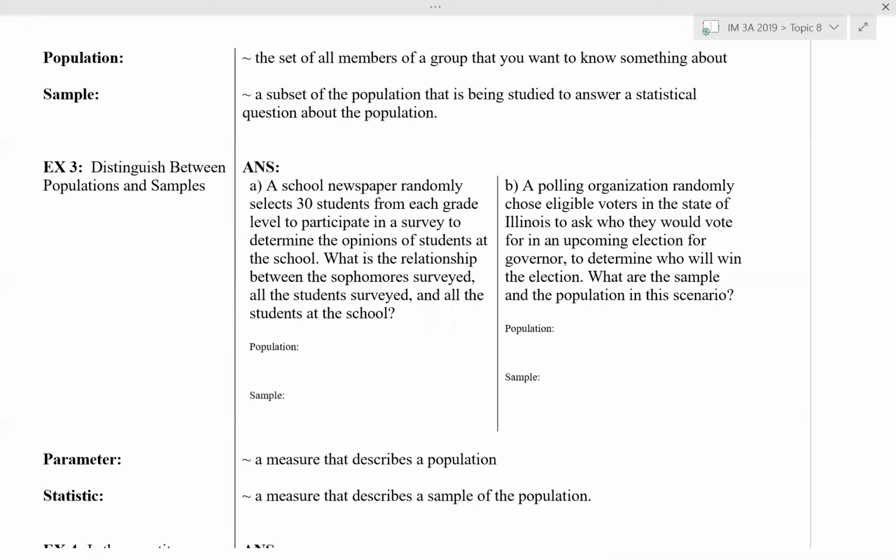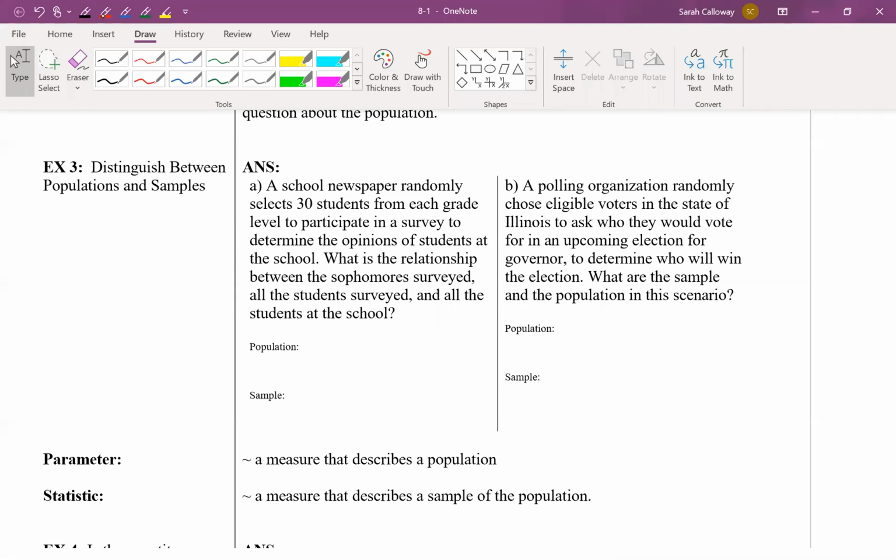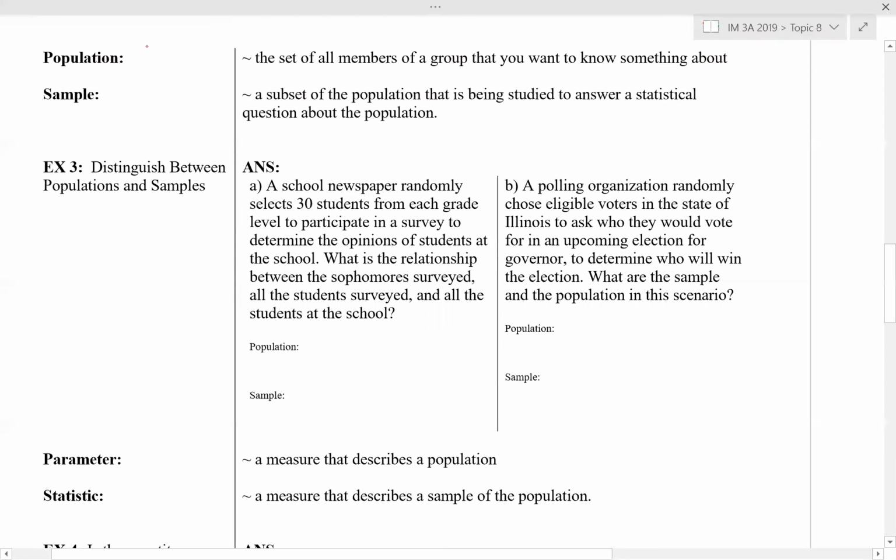So now moving on to looking at who we're collecting data from, we're going to next talk about population and sample. So the population of data is the set of all members of a group that you want to know something about. So if I'm collecting data, the population is the group of people that I want to generalize about.